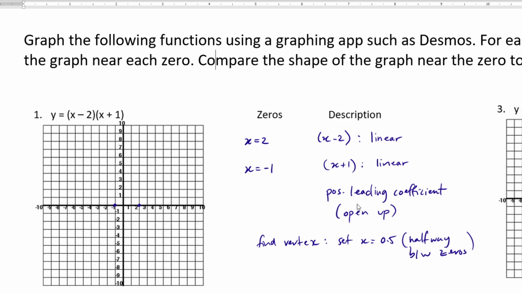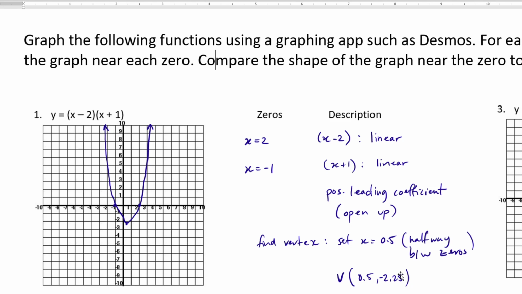Okay, I'm just going to input that and see what I come up with for the vertex. When I inputted 0.5 into the equation right here, the y value that came out was negative 2.25, which is right here. And now I have my vertex, and I can open up like this. And as we see, it behaves linearly through those x-intercepts.